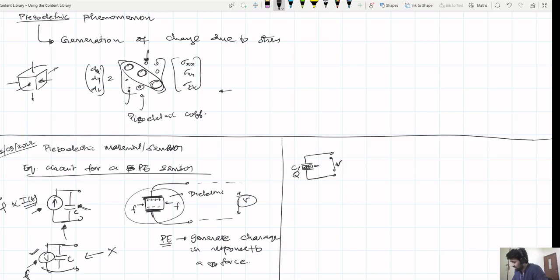So there will be a voltage V. Now we can put this through a voltage amplifier and then get V out, which will be some gain times V. What is the problem with this arrangement? This arrangement is sensitive to stray capacitances.